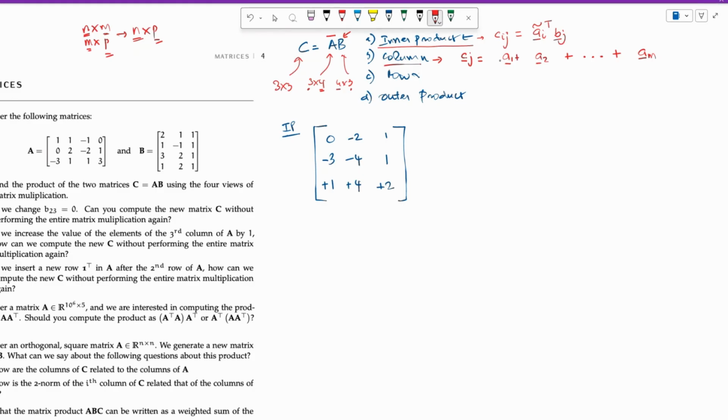And the scalars would come from the jth column of B. So this will be B1j, B2j, and so on.